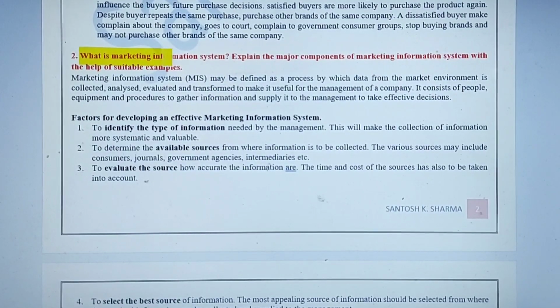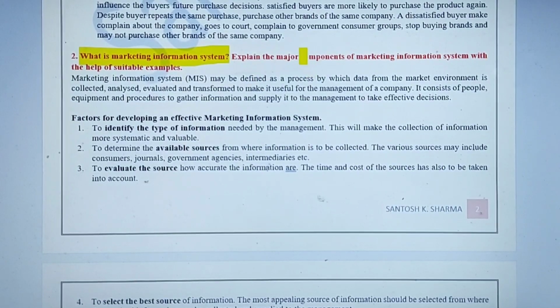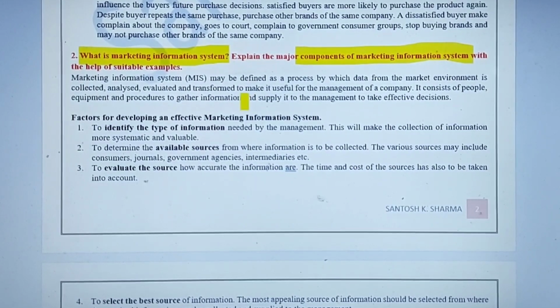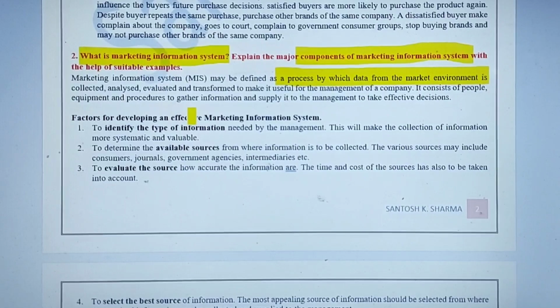What is marketing information system? It is also known as MIS. And explain the major components of marketing information system, giving examples. As the name implies, marketing information system is basically a process by which data from the market is collected, analyzed, evaluated and transformed to make it useful for the management of a company to take decisions.